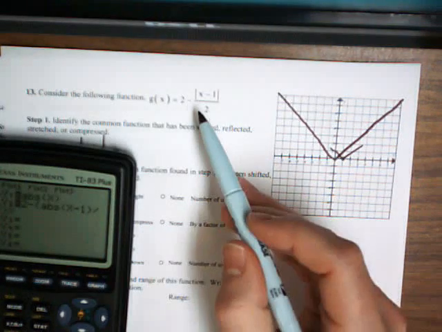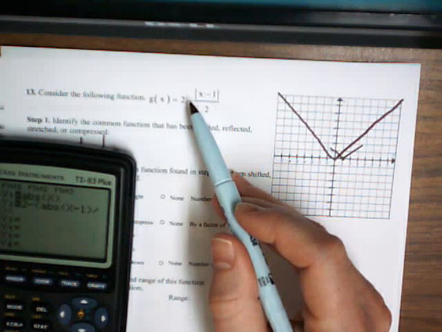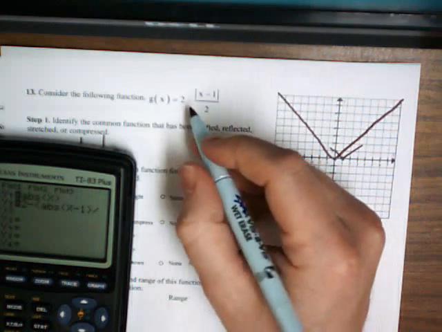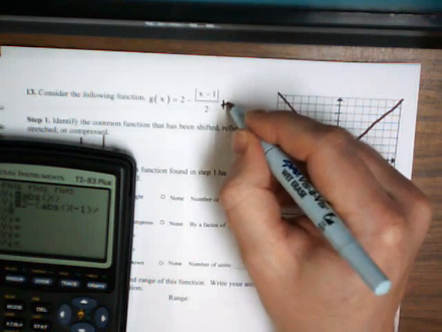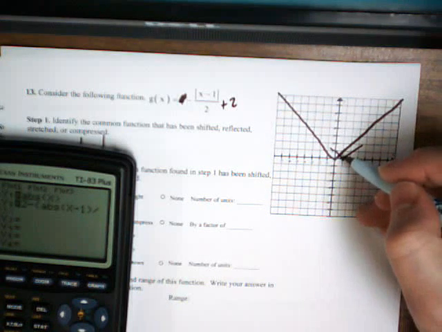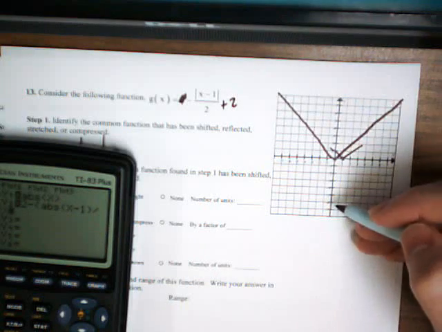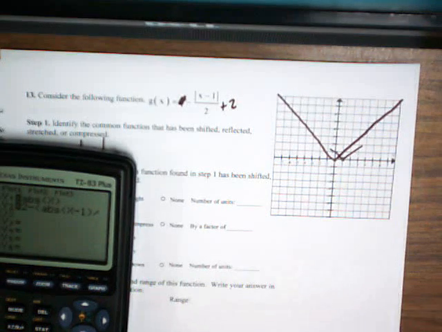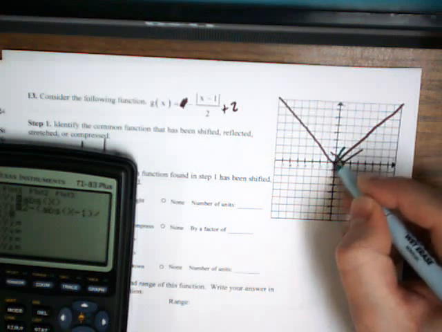Because it's being subtracted, right? What is it going to do? The minus right here? It's going to flip it. See, I could have wrote this, instead of it being 2 minus this, I could write it negative this plus 2. The plus 2 actually shifts it up 2. But what's going to happen, though, is that minus flips it upside down. So it's going to be moved to the left, and up 2, and upside down.